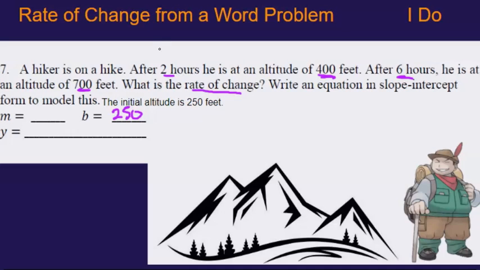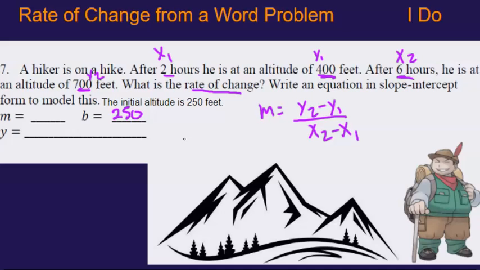So this would be x1, this is y1, x2, y2. So let's plug that into the formula. Write out your formula, even if you have it right next to you.